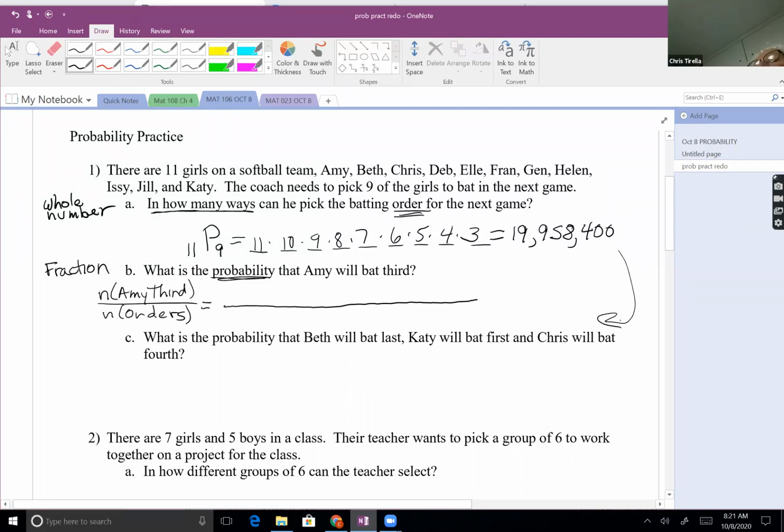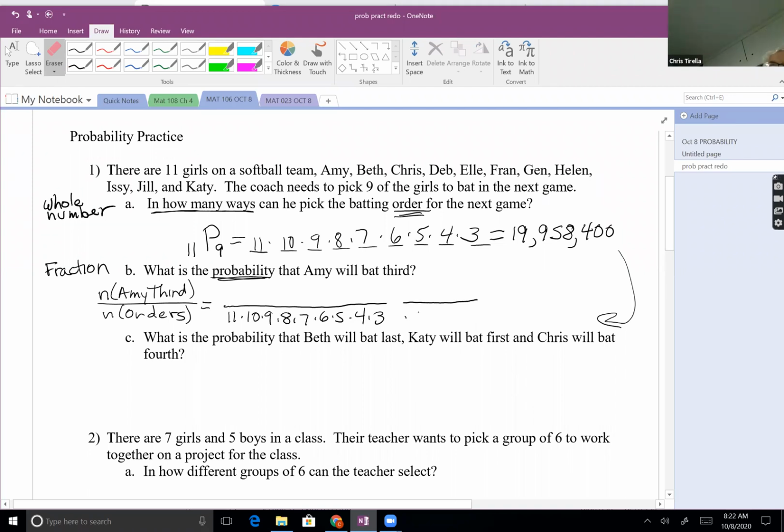But in terms of reducing the fraction, the numbers are going to be too big, and I just think it's mentally too much heavy lifting for me. So that's why I'm going to rewrite this as the product: 11, 10, 9, 8, 7, 6, 5, 4, 3, 2. No, I don't need the 2. I went too far. Sorry about that, folks.